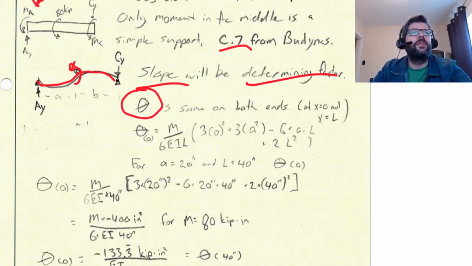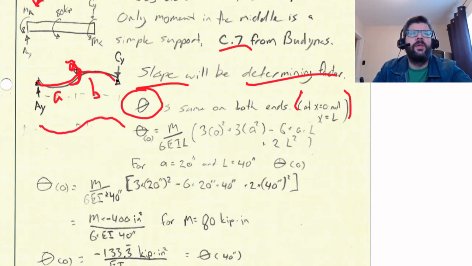So basically, as long as your a is equal to your b, so as long as you're applying the moment in the middle, then plugging x equals 0 and x equals L into the formula there gives the same thing, which shouldn't be too surprising. You expect those to be similar shapes, right? Just flipped.